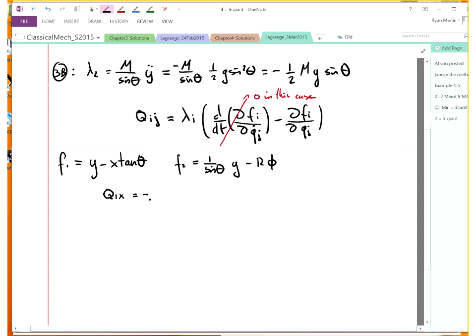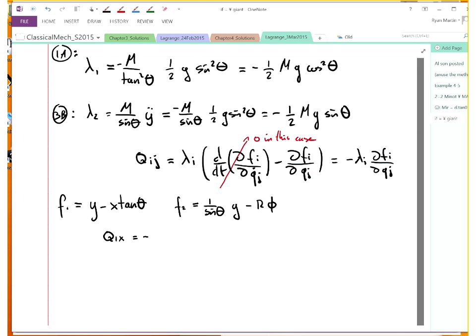So the first one is going to be Q1x. In this case, the Q is going to be minus lambda_i ∂F_i by ∂q_j. So it's minus lambda 1, and lambda 1 is minus a half mg cos squared theta.